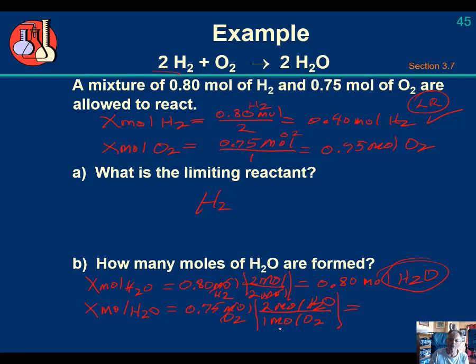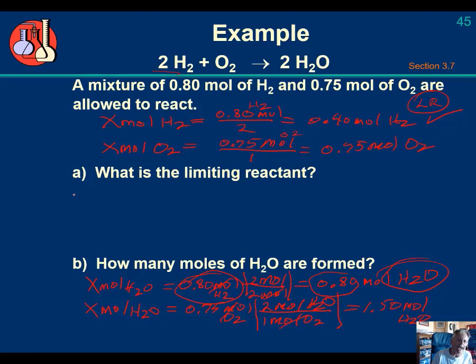So moles of O2 cancel, and I get 0.75 times 2 divided by 1, which is 1.50 moles of H2O. Well, the question is, can I make 1.50 moles of H2O if I only have 0.80 moles of H2? No, I ran out of H2 before I got to 1.50 moles of H2O, because H2 is my limiting reactant.